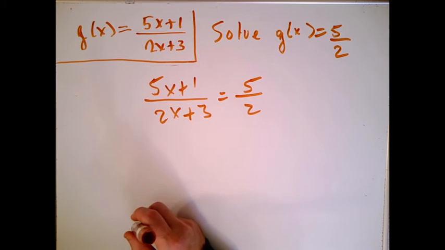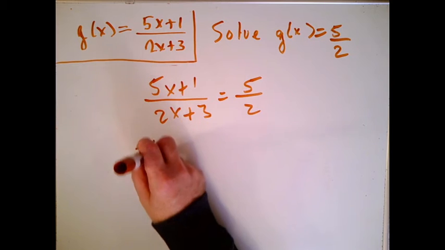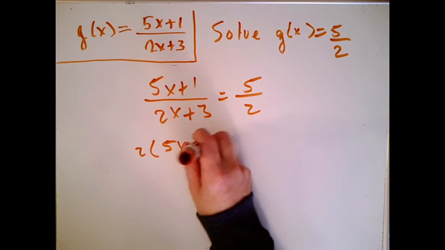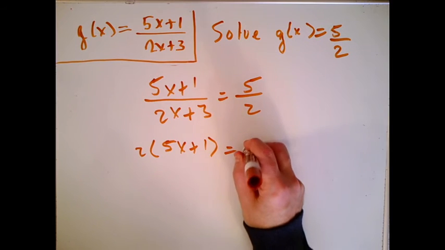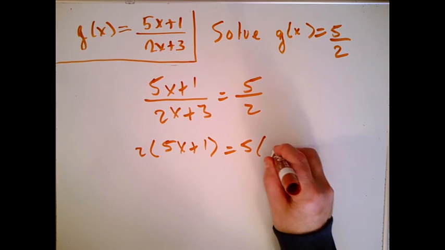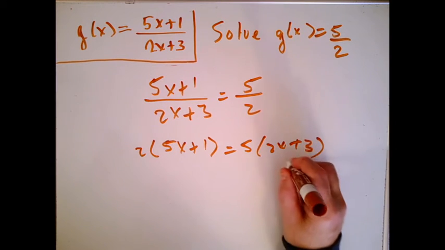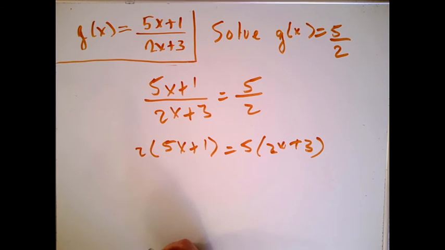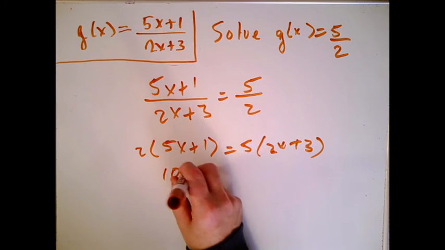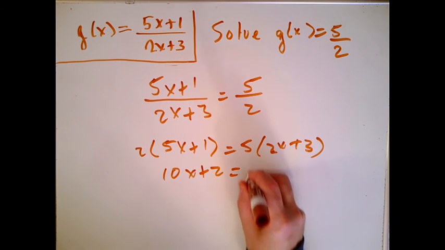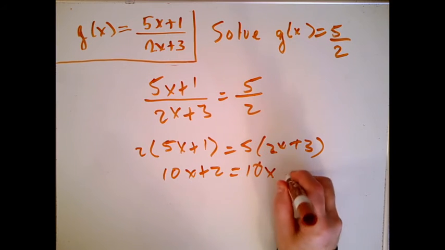We can cross multiply with this one. So I'm going to get 2 times 5x plus 1 equals 5 times 2x plus 3. I will expand both sides. I'll get 10x plus 2 equals 10x plus 15.